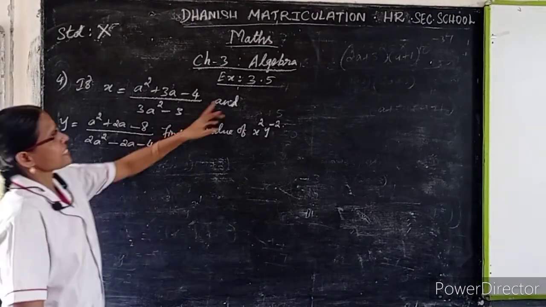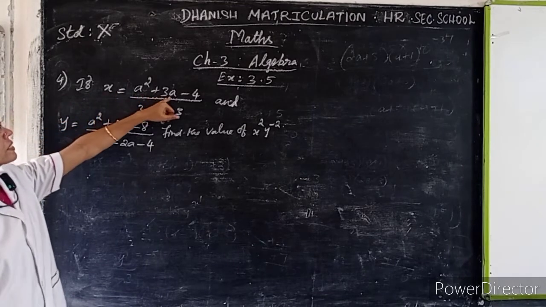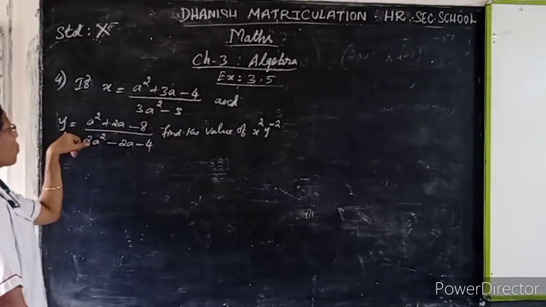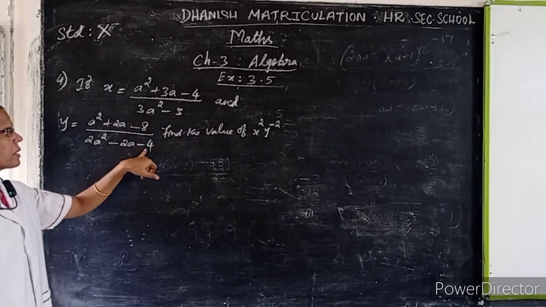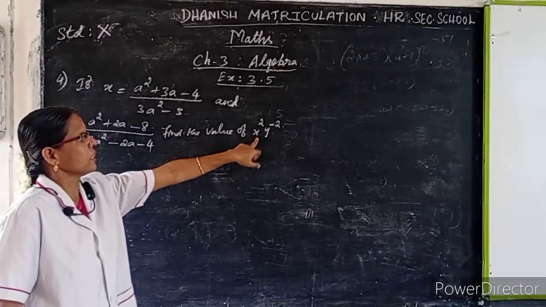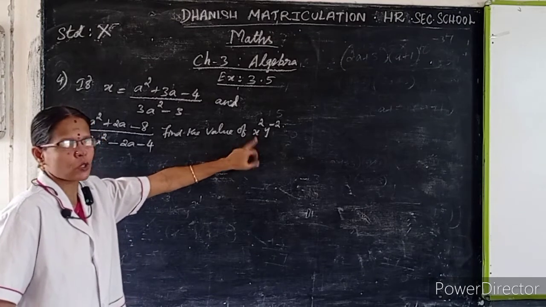Now from exercise 3.5, fourth question. If x = (a² + 3a - 4)/(3a² - 3) and y = (a² + 2a - 8)/(2a² - 2a - 4), find the value of x²y⁻². This is nothing but x² divided by y².